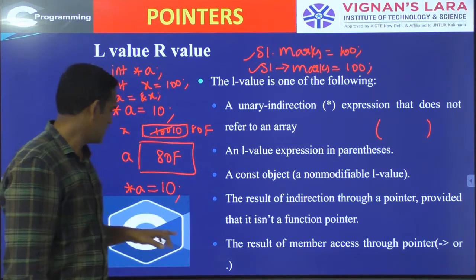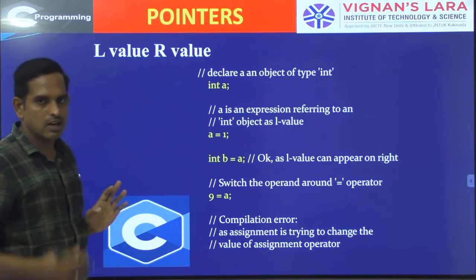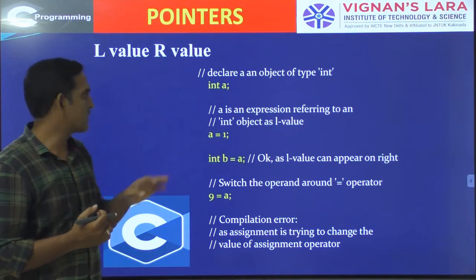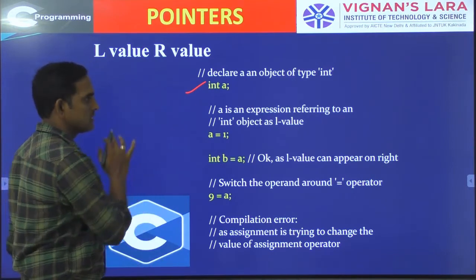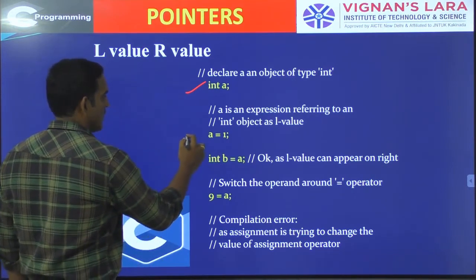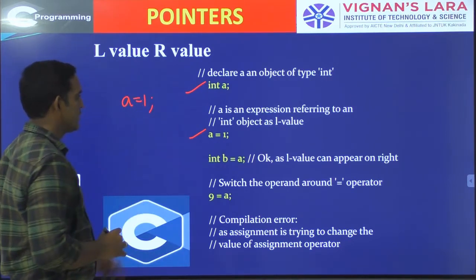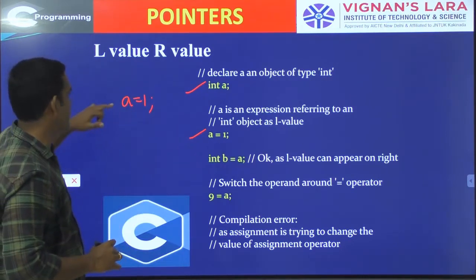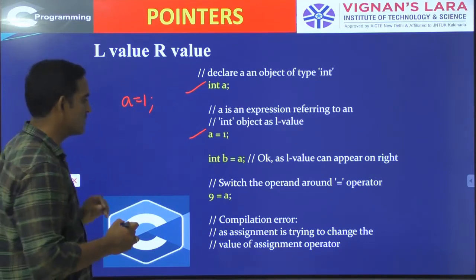And remember, your L value expressions can appear on the right hand side. For example, if you declare a variable A, this is a general expression, and A is equal to 1 means this is an L value expression where A is the L value and 1 is the R value expression.